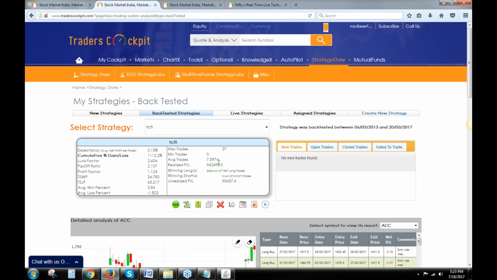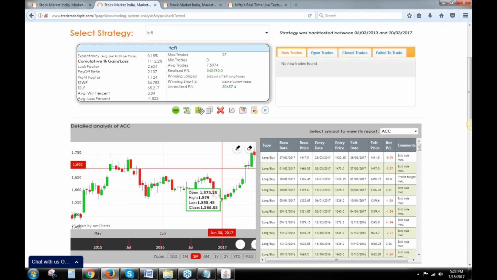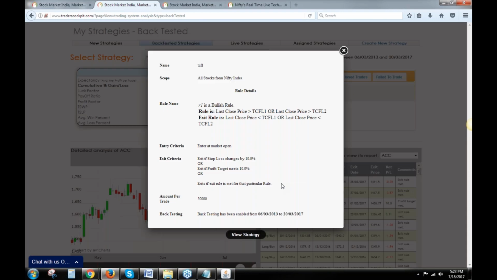Now this was on the TCFL breakout, and the parameters were simple. As and when the last closing price goes above the TCFL value, we go for a buy there, and exit happens if the last closing price comes below the TCFL one, and vice versa for the sell condition.